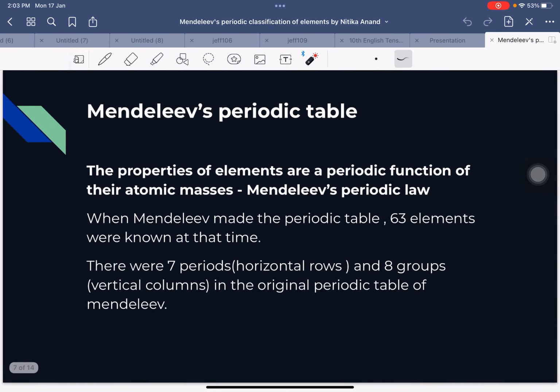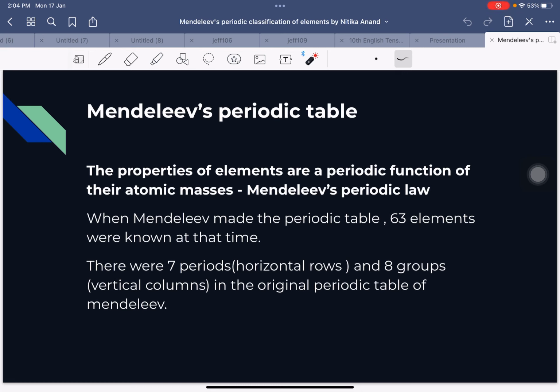Next, Mendeleev's periodic table. Now let's start with the detailed explanation of it. The properties of elements are the periodic function of atomic masses. This is Mendeleev's periodic law. What it means to say is that after a certain period, all the elements start repeating their chemical properties, and this is called Mendeleev's periodic law.